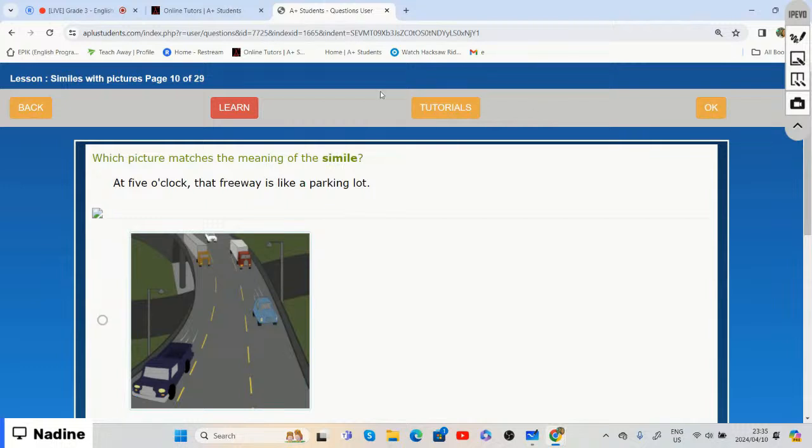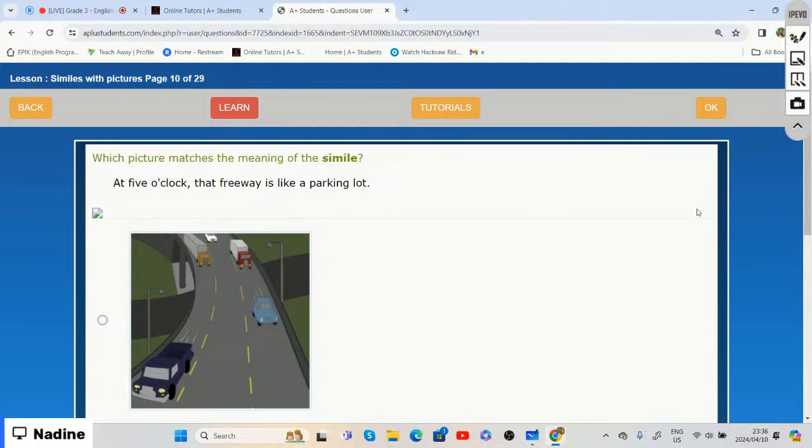So now it says at 5 o'clock, that freeway is like a parking lot. If you go to the shops, right, especially let's say on month end, in the shopping centers it is packed, which means that the parking lot is also packed. And in this case, the freeway, right? We're saying that at 5 o'clock, the freeway is like a parking lot.